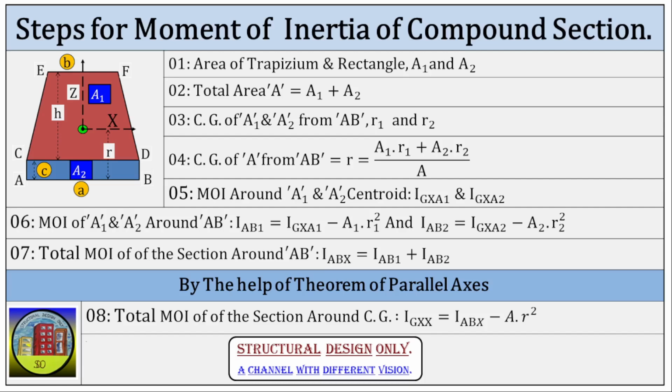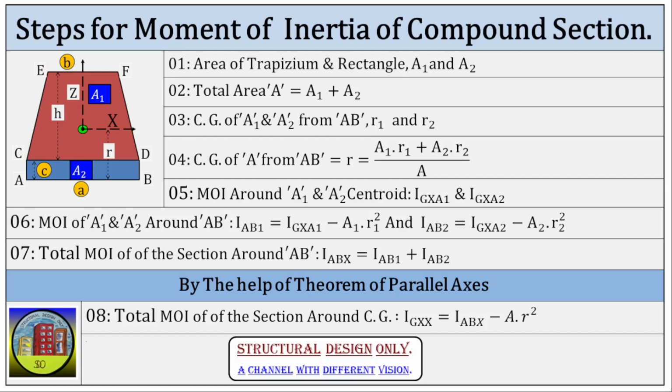Calculate the moment of inertia of A2 around AB, denoted as IAB2, using the formula, IAB2 equals to IGX-A2 minus A2 into R2 square. Step 7. Calculate the total moment of inertia of the section around AB, denoted as IABX, by summing IAB1 and IAB2.